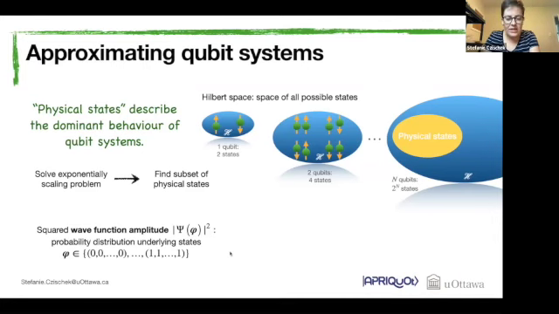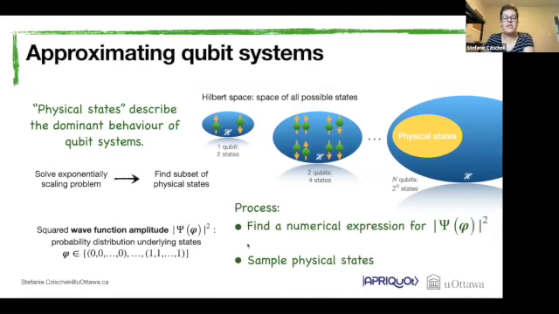Okay, and so basically our numerical approach, or the process that we choose now, is we need to find a numerical expression for these squared wave function amplitudes. And once we have a numerical expression, we can sample these physical states from it because it is a probability distribution. And if we have a sample of physical states, we have an efficient approximation of our qubit state. And so sampling from a given probability distribution is something that our computers can do very well. So we know already pretty much how we can do this.